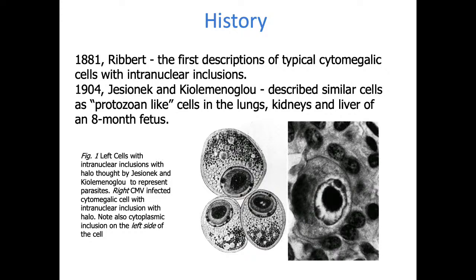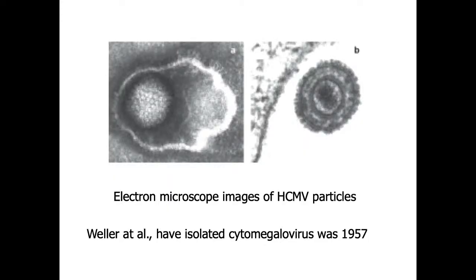But later, with the advance of virology and the development of transmission electron microscopy, the cytomegalovirus was visualized and linked to congenital infections. In the 1950s, people were again exploring fetal tissue.